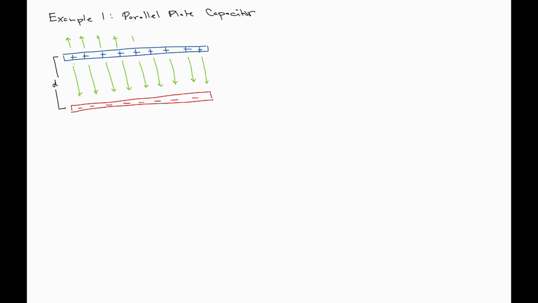Above the positive plate, that electric field is going to point straight up, and it's also going to point up below the negative plate because, again, that is the direction that a positive charge would accelerate in that field.